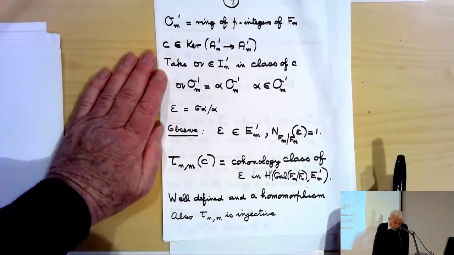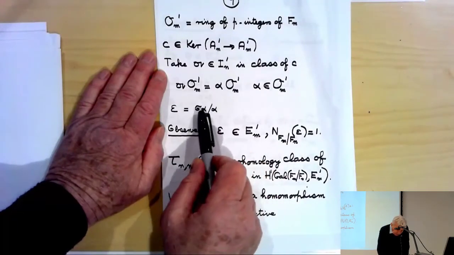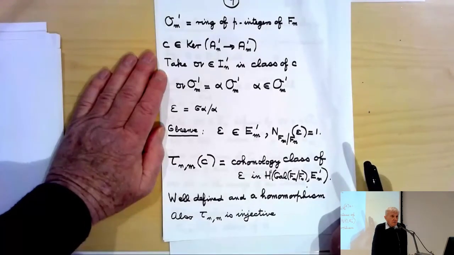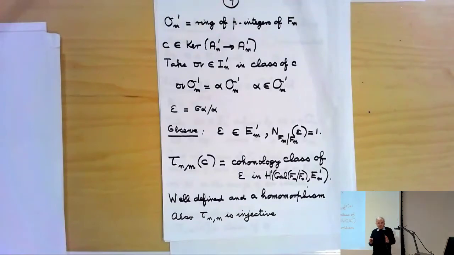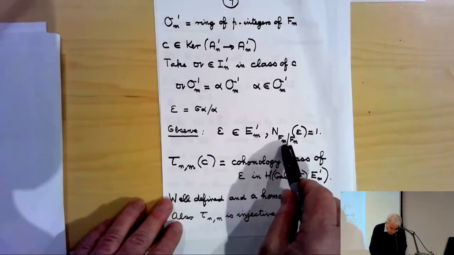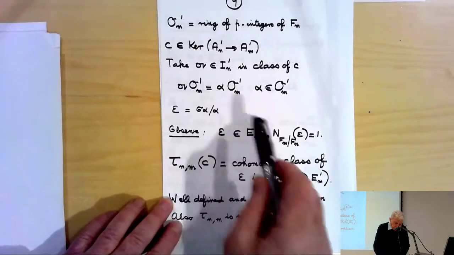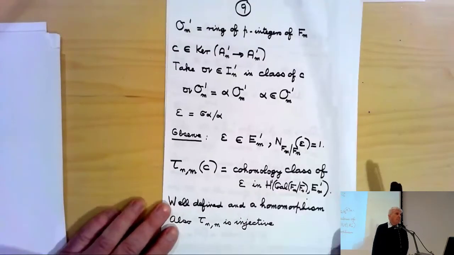Okay? And now what I do is I take sigma alpha over alpha. That's the whole idea of the proof. And so you see now, if you take sigma alpha over alpha, two things are obvious. Firstly, that the norm of that from Fm down to Fn, because sigma is a generator for the Galois group, the norm from Fm to Fn of epsilon is 1.